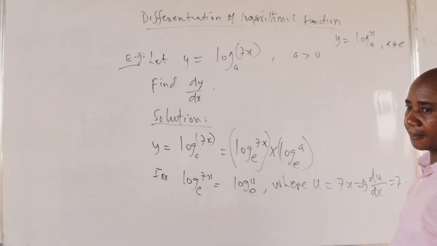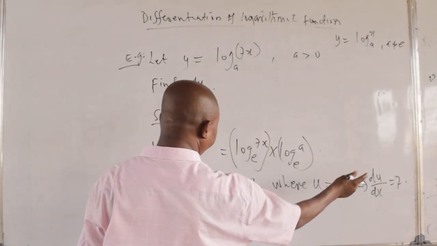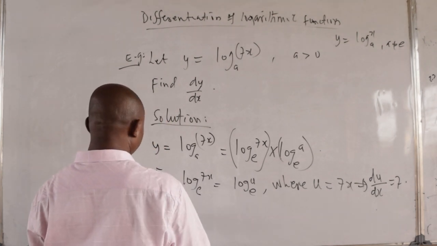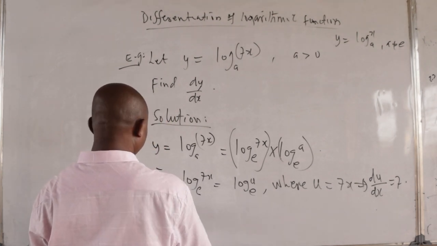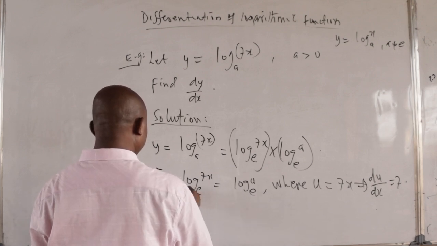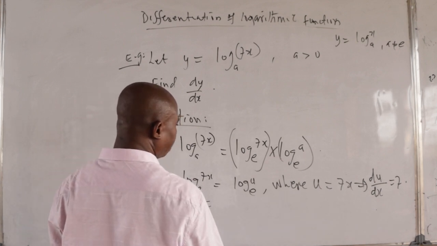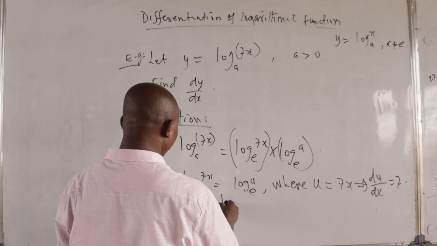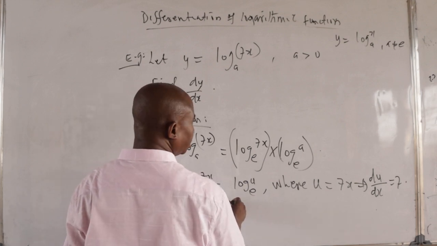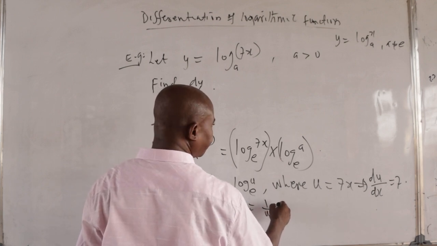And so the derivative with respect to x of log of 7x to base e is exactly 1 over u times du by dx, which is 1 over u times 7.